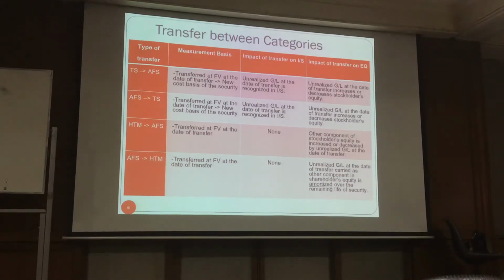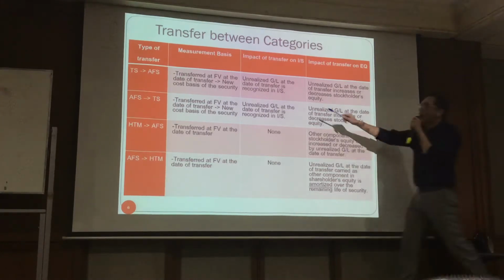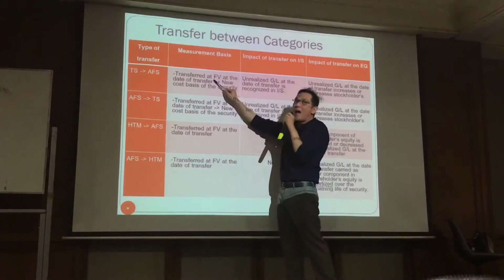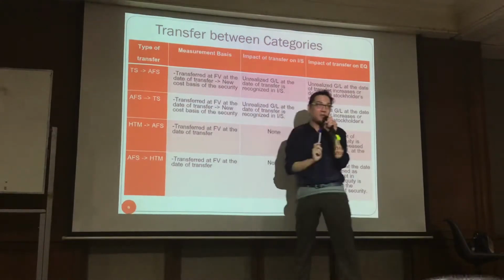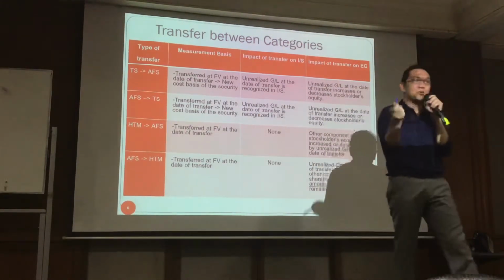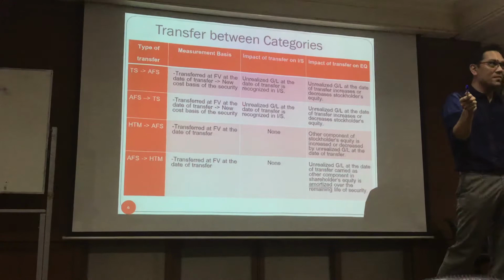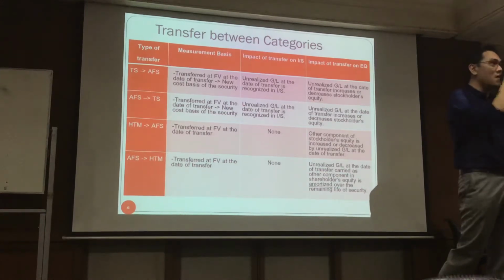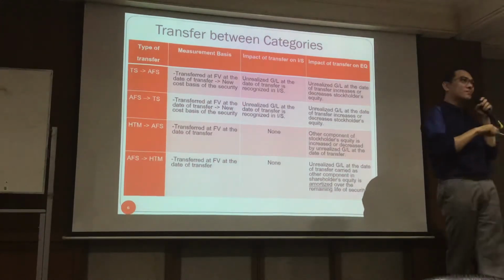It means gain or loss should be recognized at this stage. You got to suffer first, or you gain the benefit first on that day. So that's why you transfer at fair value, not at cost. So you need to mark to market, and recognize gain or loss on that day.